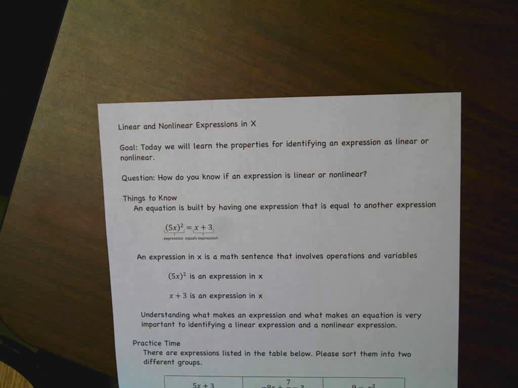Things to know. An equation is built by having one expression that is equal to another expression. So the most important thing when you're trying to determine linear versus nonlinear is that you have to pay attention to your expressions and what they're equaling.